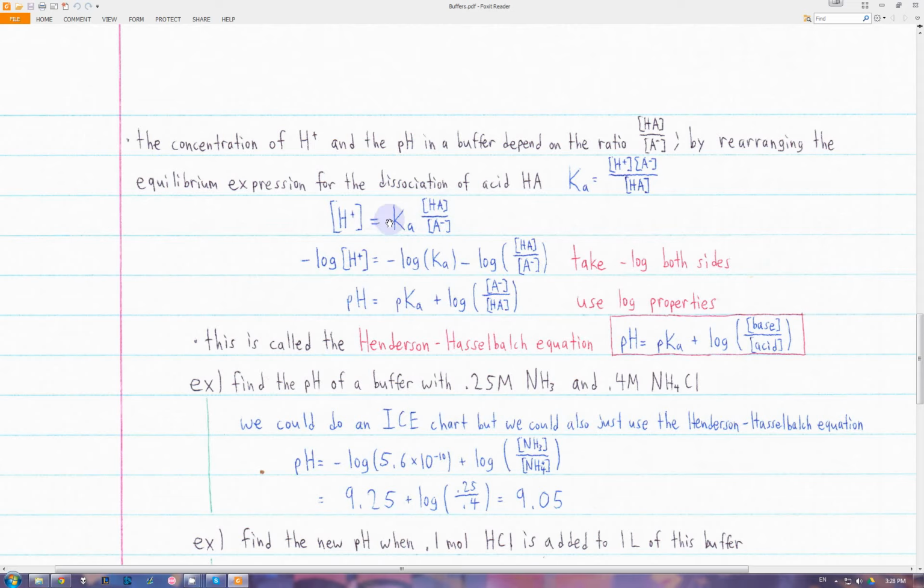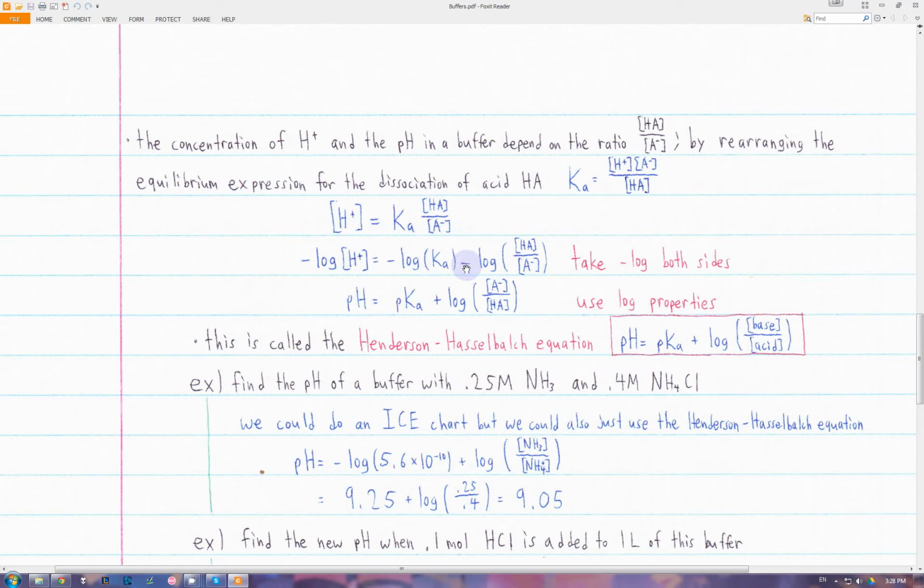And since it's negative log here, it would be subtraction. So we split up the log of this. And then the negative log of the concentration of H plus is just the pH. We know that. And the negative log of the Ka of the weak acid is called the pKa. So P basically just means negative log of something.